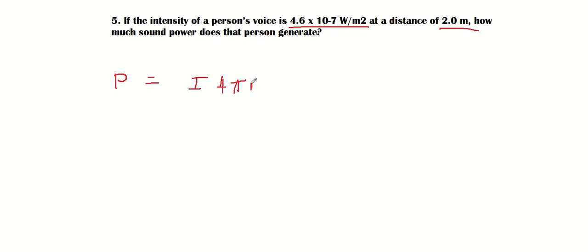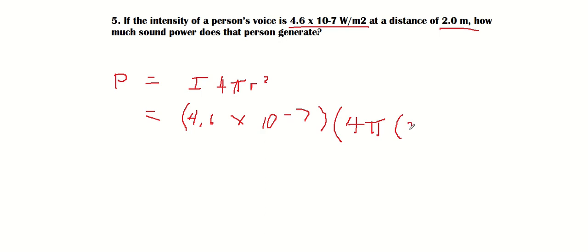Diretso na lang. So, intensity is 4.6 times 10 raised to negative 7. Tapos times mo lang sa 4 pi, yung distance 2 meters. So 2 raised sa 2. Ayan lang, diretso na. Ito yung given. In-underline ko na lang.